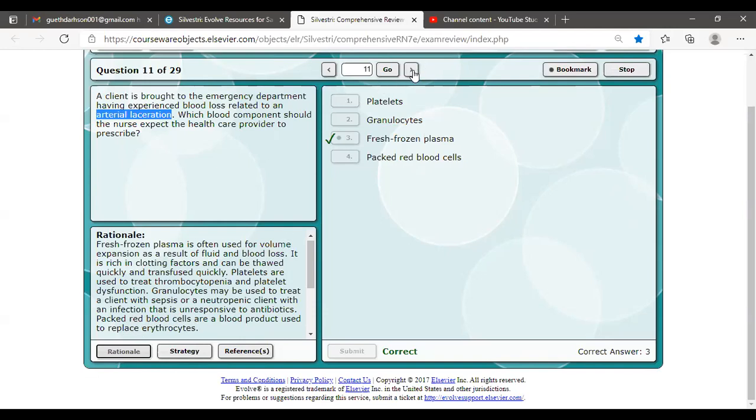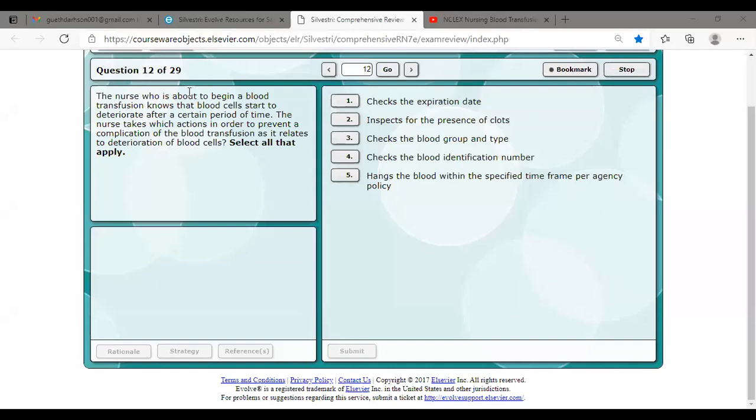So next, in this question, we see a nurse who is about to begin a blood transfusion and knows that blood cells start to deteriorate after a certain period of time.